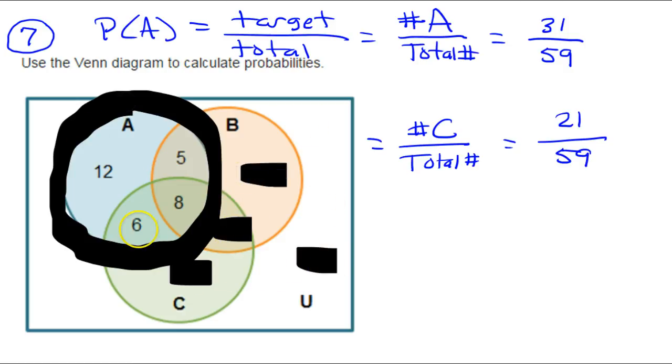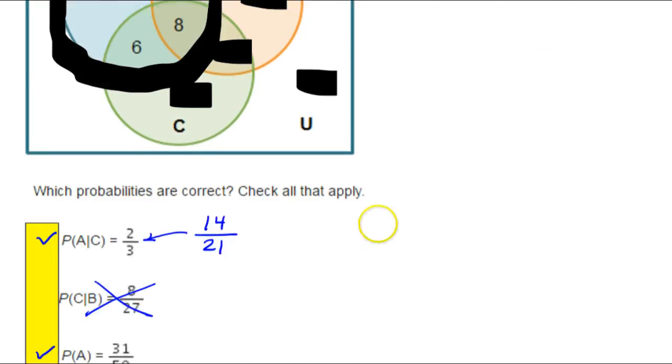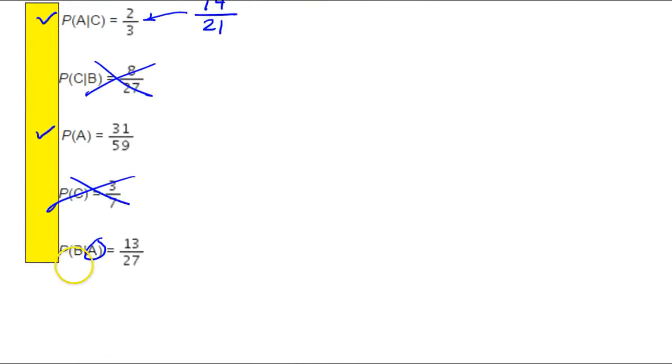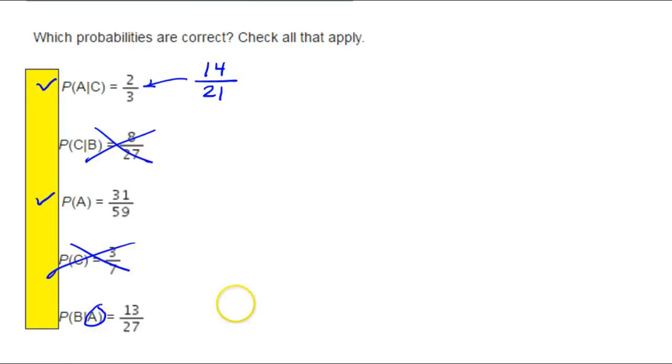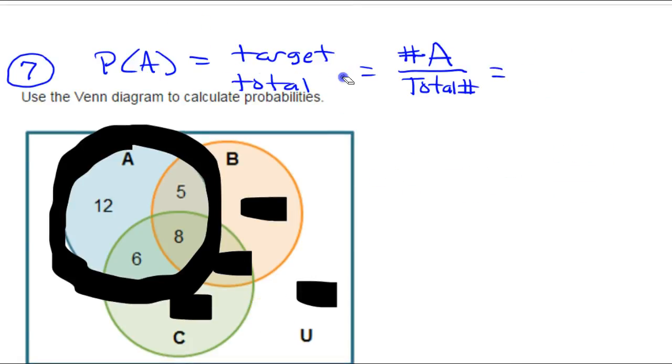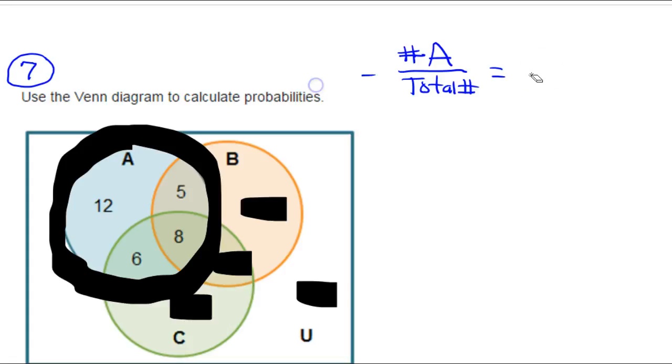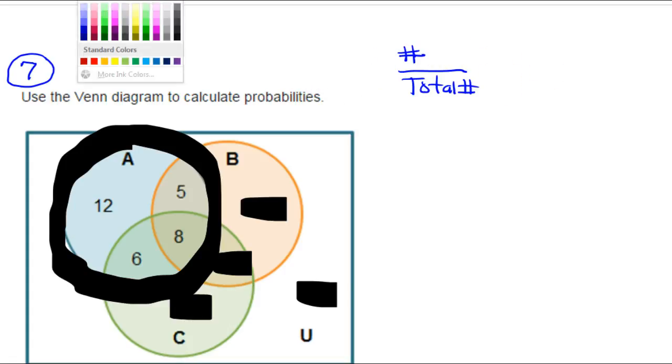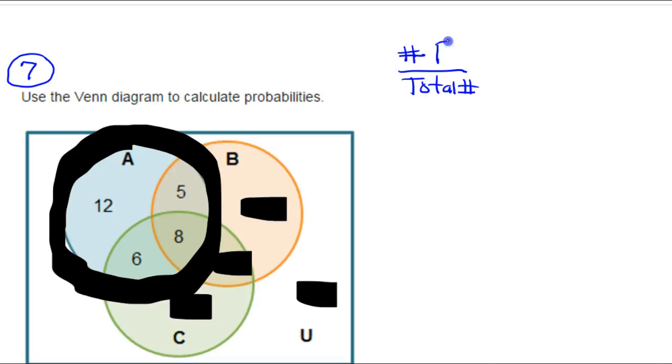Okay, so now in this smaller universe, we're supposed to now calculate the probability of B. So the probability of B, target over total, so that should be the number of B divided by the total number.